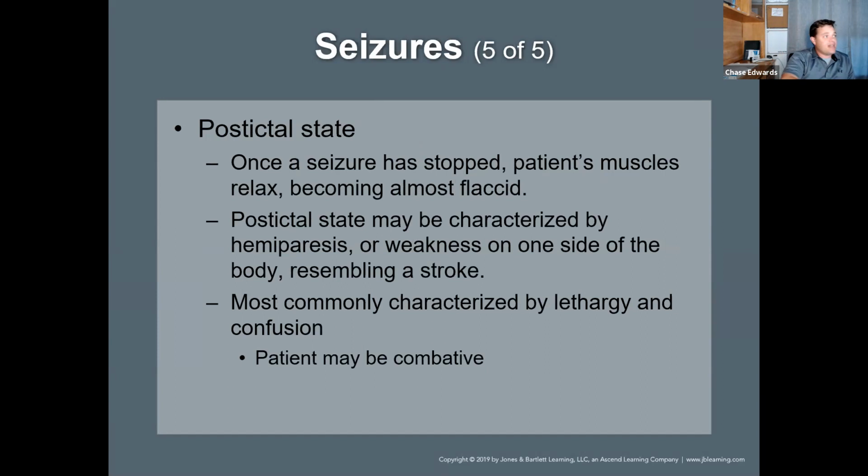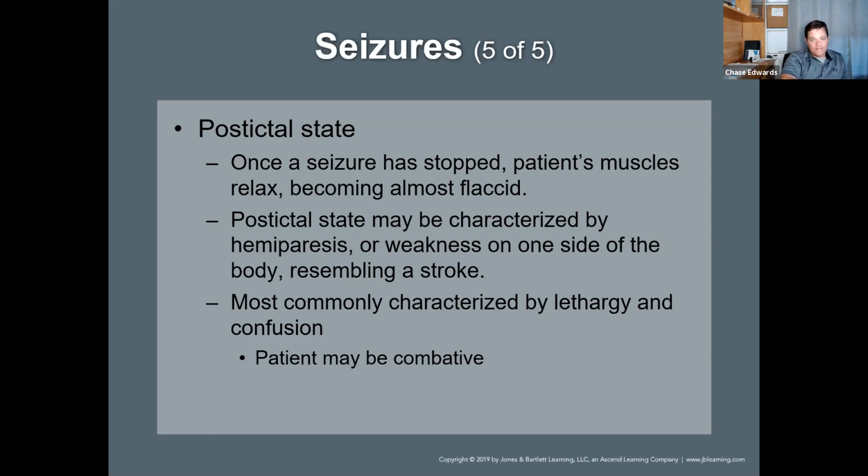So in a postictal state, once a seizure has stopped, the patient's muscles relax and become almost flaccid or floppy, and the breathing becomes labored, fast and deep. You'll hear them. It's almost like they're in a heavy sleep.